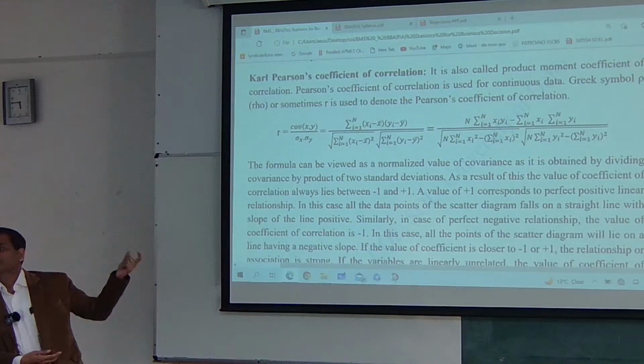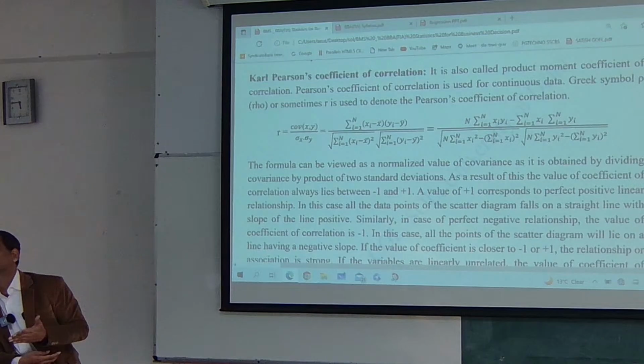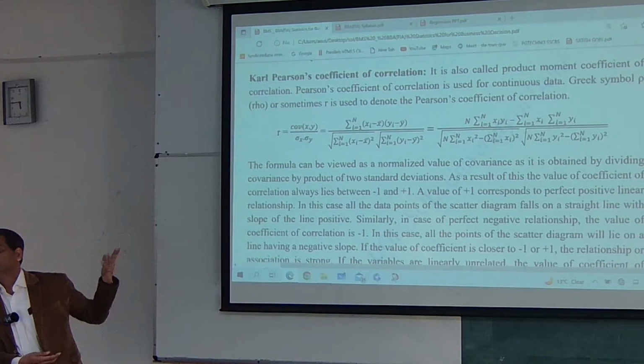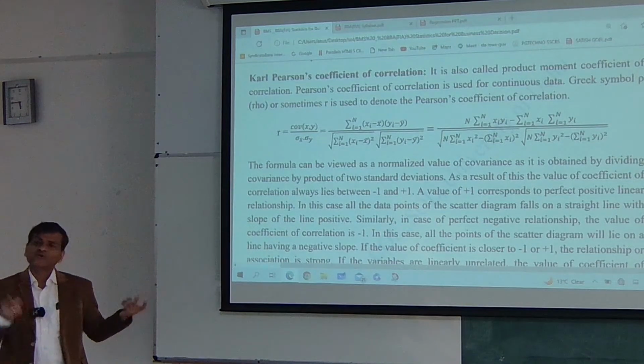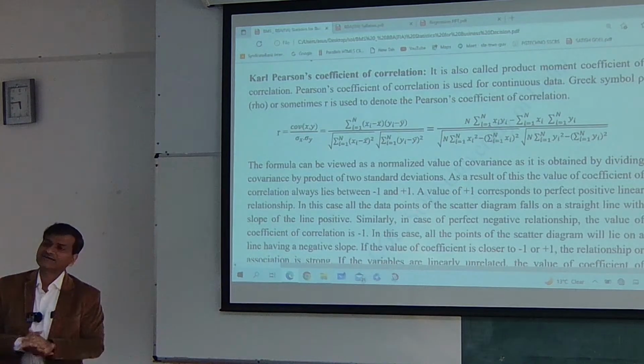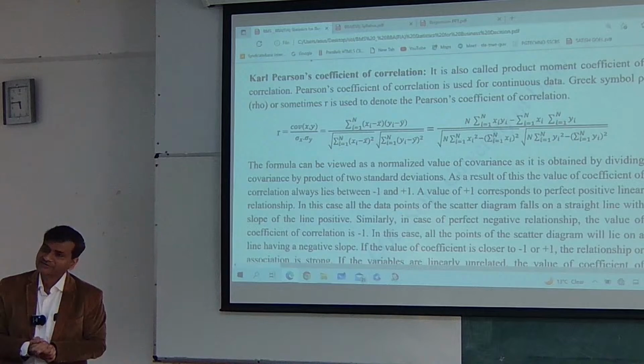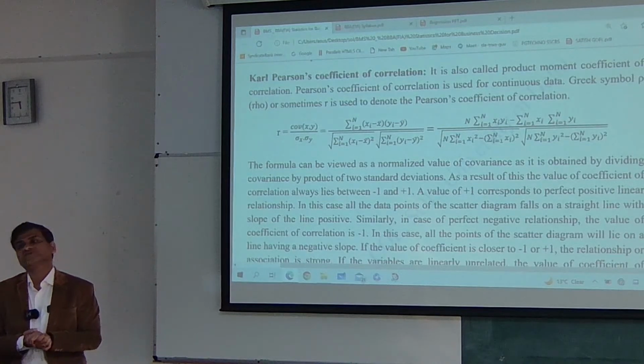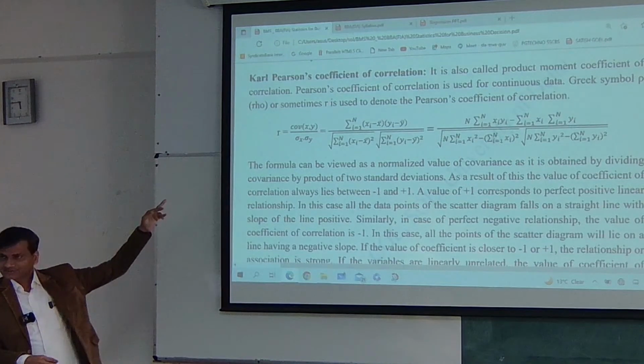Its formula is, again, a modification of your covariance formula. Its simplest form: correlation coefficient is equal to the covariance between x and y divided by the standard deviation of x and the standard deviation of y. Covariance xy divided by sigma x sigma y.